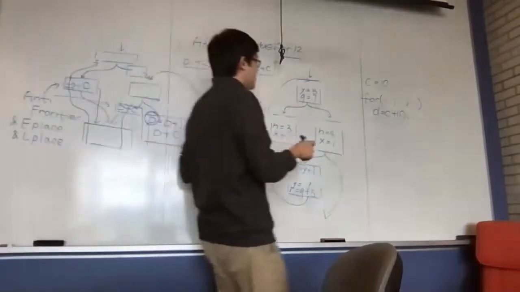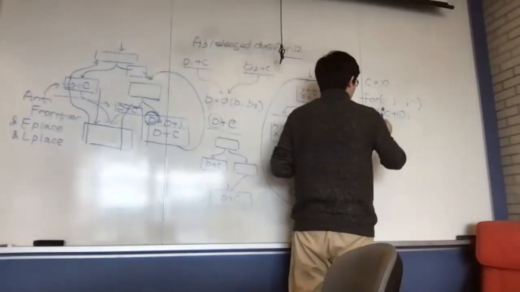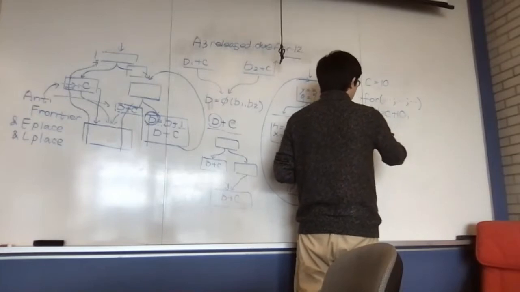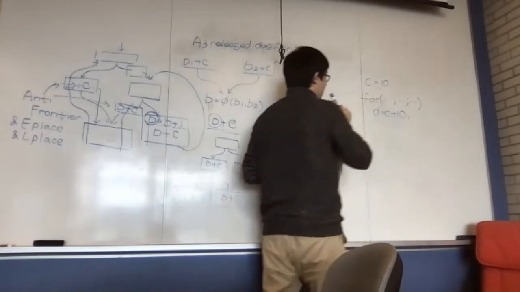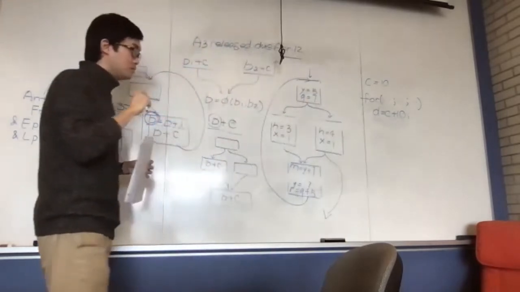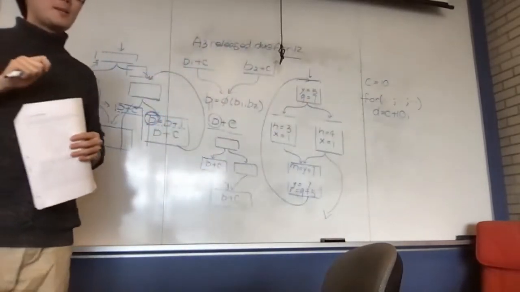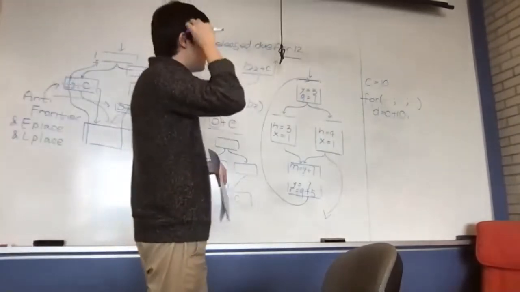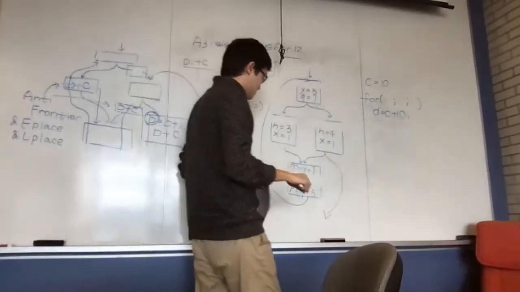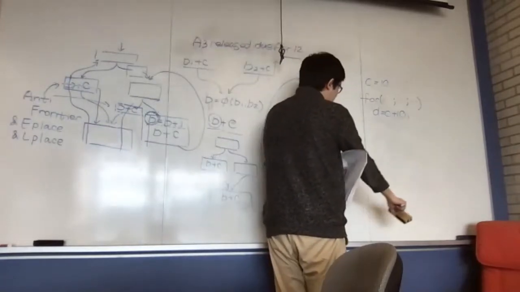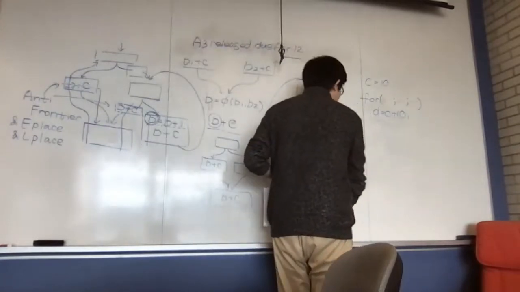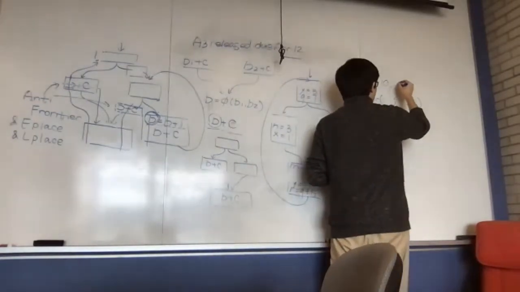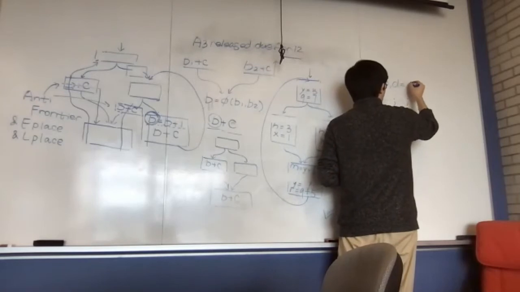Okay, so back to the example that we have here. The question is whether or not we can move the instruction here out of the loop. What do you think? Let's suppose that C is equal to 10 and D is initialized to 0.